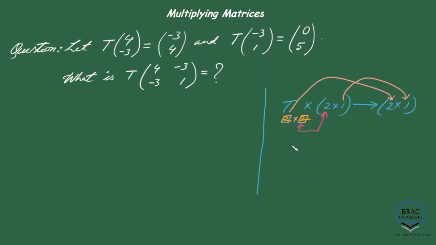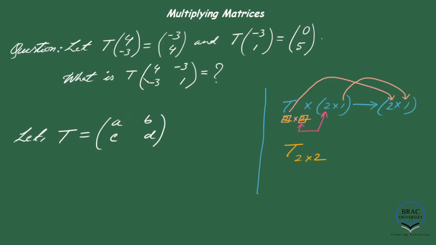So from here we can see that T is a 2 by 2 matrix. No confusion about that. Now we know that T is a 2 by 2 matrix, but we don't know the entries of T. So let T be a 2 by 2 matrix, or a square matrix, with entries. We don't know what the entries are, so we're just going to assume A, B, C, D. T is a 2 by 2 matrix with these entries.